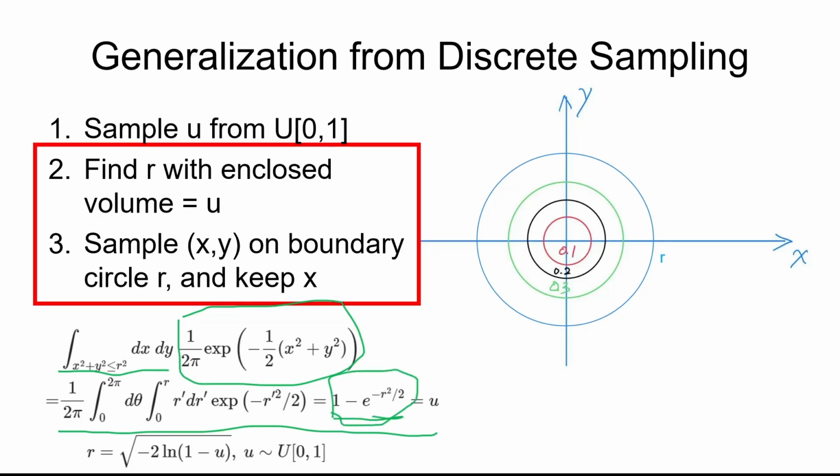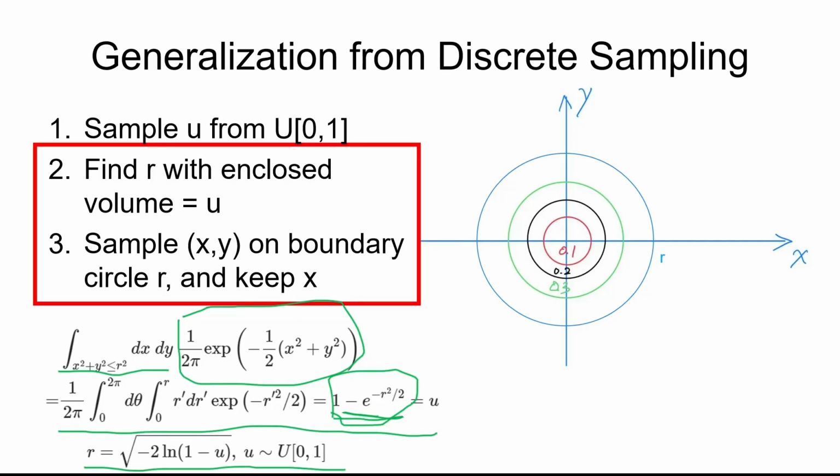So this is the volume enclosed by this circle, and this volume should equal u in this case. So we can write r as an expression of u, where u follows a uniform distribution from 0 to 1. Okay, so that's the second step.